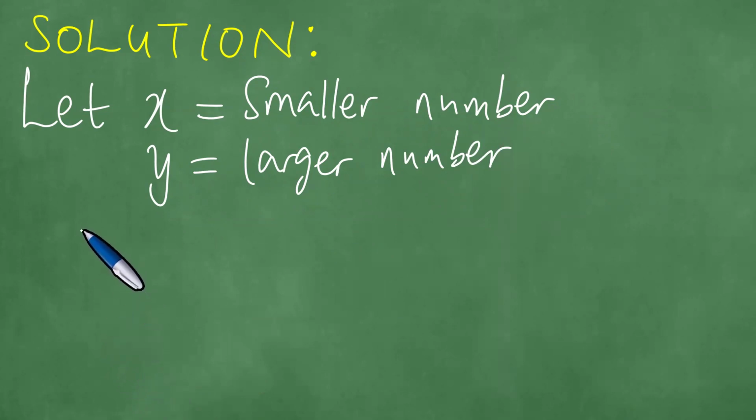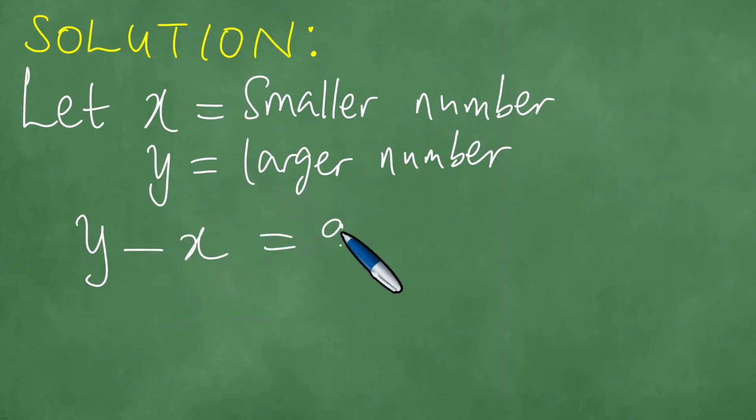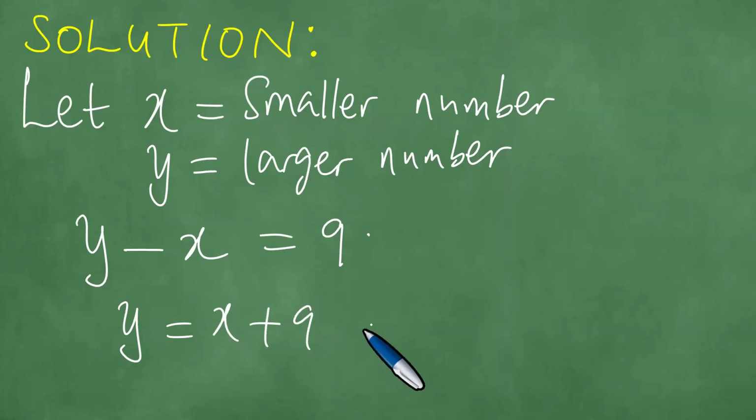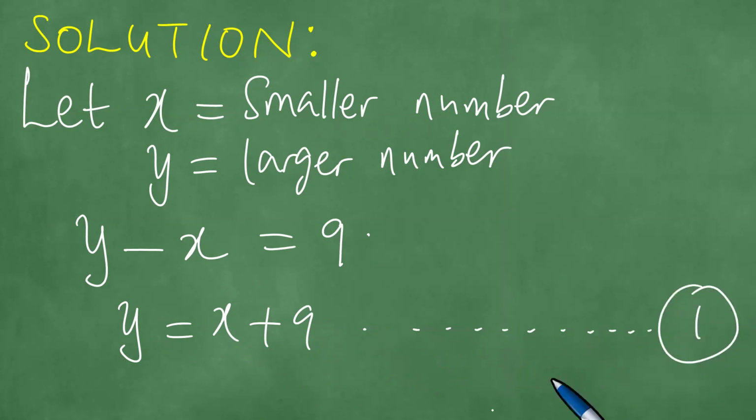So now we're going to find the difference. Because the difference is positive, it means you take the larger minus the smaller, and the result is exactly 9. And this means that, transposing the x, we have y equals x plus 9. And therefore, this here is the first equation.